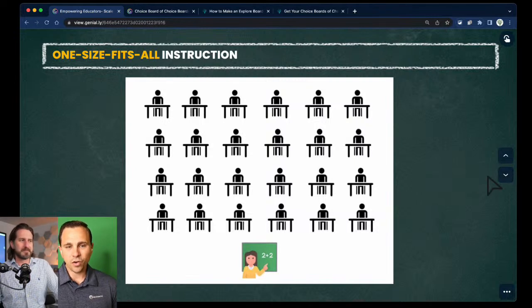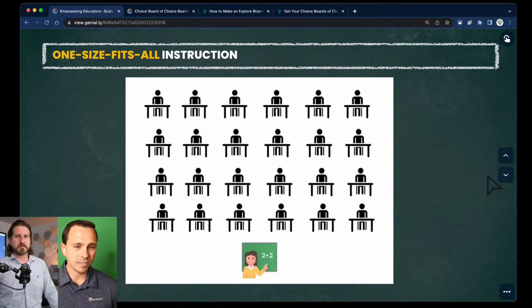Right. So it's the whole group directed instruction that still is the predominant mode of instruction in at least secondary, but maybe K-12. I've seen a graphic floating around similar to this where it's the same, but every desk has a laptop on it. Right. And it's like, hey, technology infused. Well, it's still the same thing.